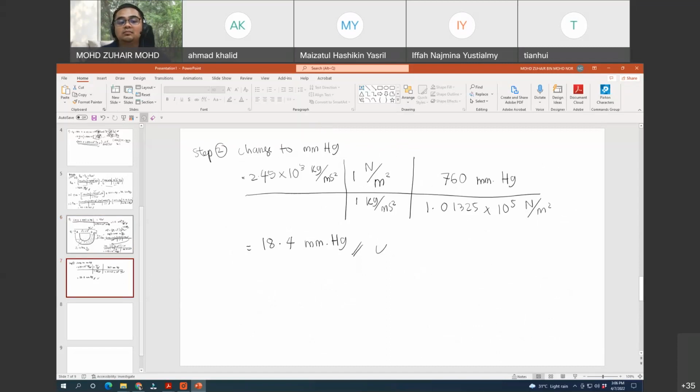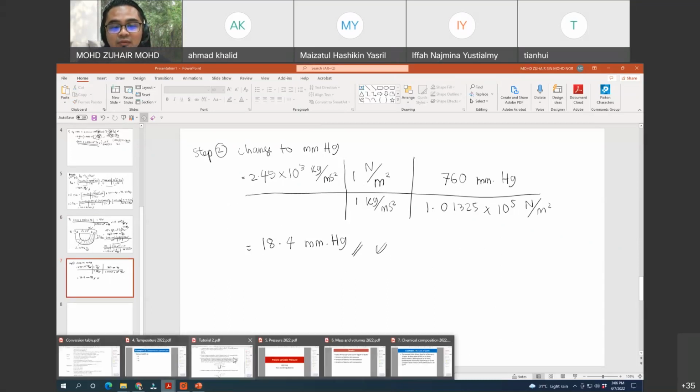The way I try to solve it, I solve it in kg/(m·s²) before I change to millimeter mercury, so that I have two steps. But if you can do the direct conversion, it doesn't matter as long as the final answer is in millimeter mercury. Okay. So this is for question 3.